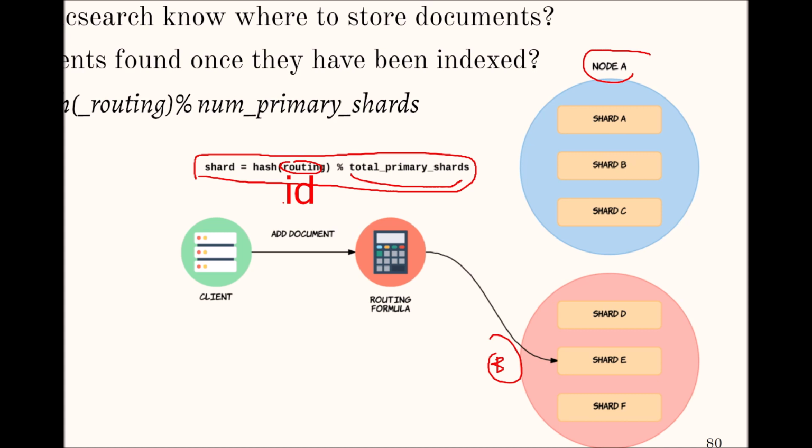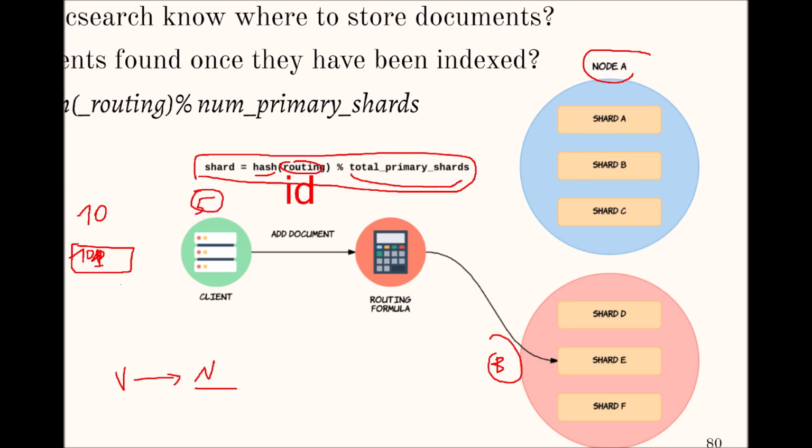For example, let's say that we have ID 10. The hash function is already predefined, so for each value we will always get the same number. It's simply a transformation of numbers. Once we executed the hash on ID 10, we got, for example, 100. Let's say that we have 5 shards.